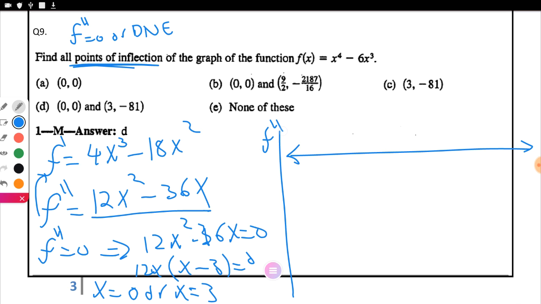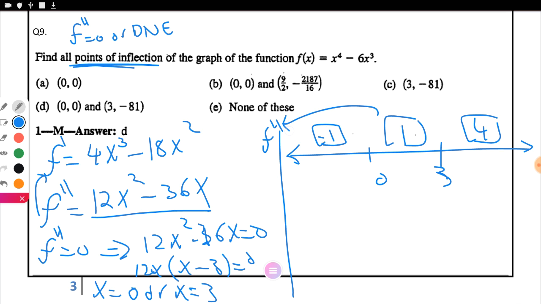Do you remember this one here? How to discuss the concavity or identify the intervals. But here, I'm not identifying the intervals. I'd like to check the concavity. Then, test values: here negative 1, here 1, here we will take 4. Replace in what? In the second derivative.